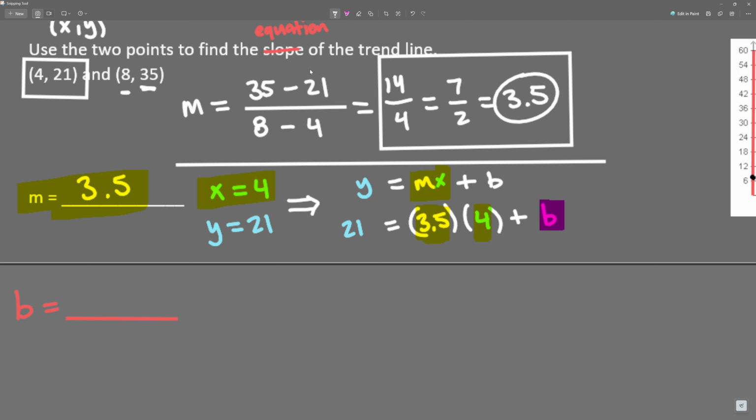So 21 equals 3.5 times 4, which comes out to 14, plus b. We are still trying to figure out what b is.